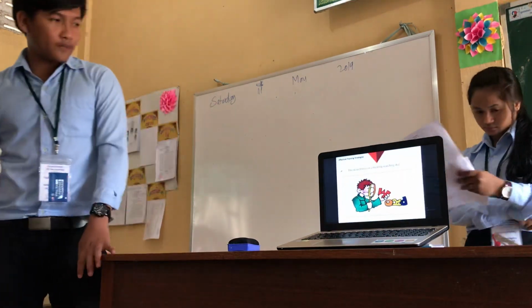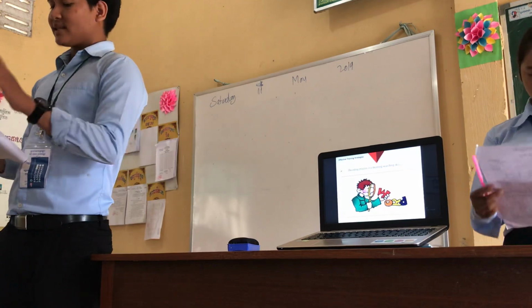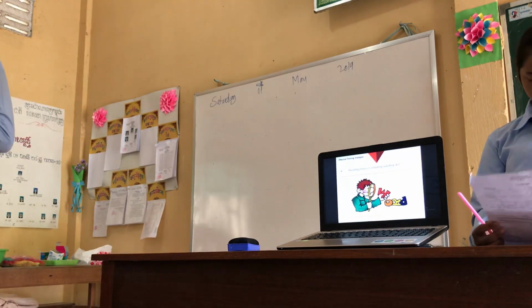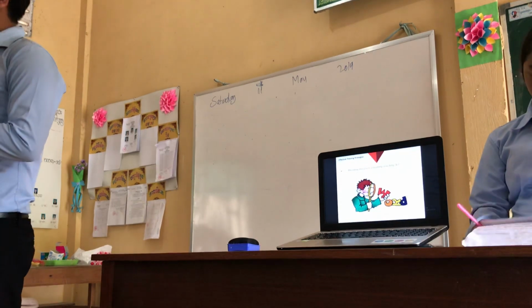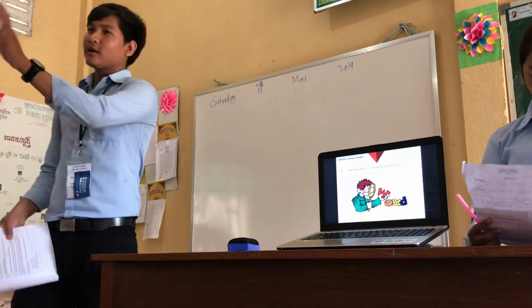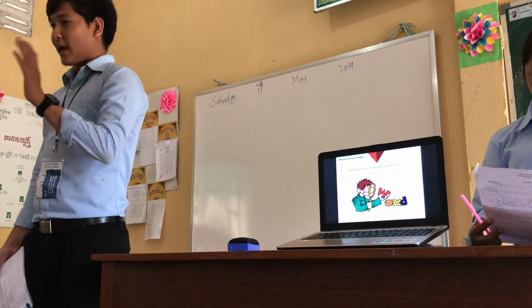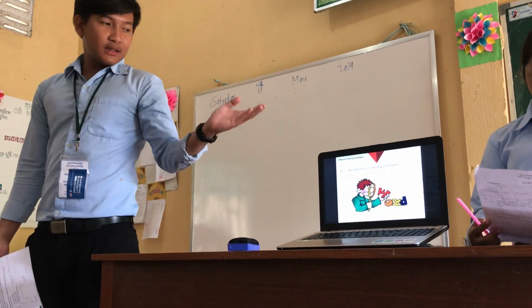Also, reading skill we can consider as a decoding process. Do you know what decode means? No? Okay. The word that comes along with decode is encode. For example, reading is the decode process.